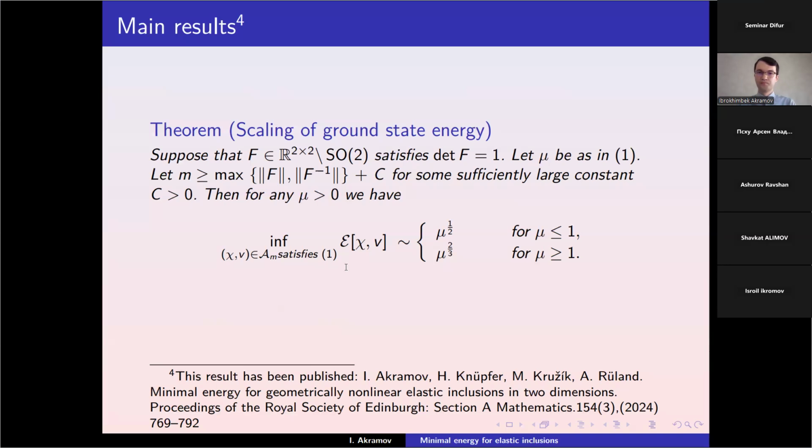For mu greater than 1, it means mu tends to infinity. If mu is bounded, for example, from 1 over 2 to 2, it's nothing. When mu tends to 0, there is the upper bound; when mu tends to infinity, you use mu in the power 2 over 3.